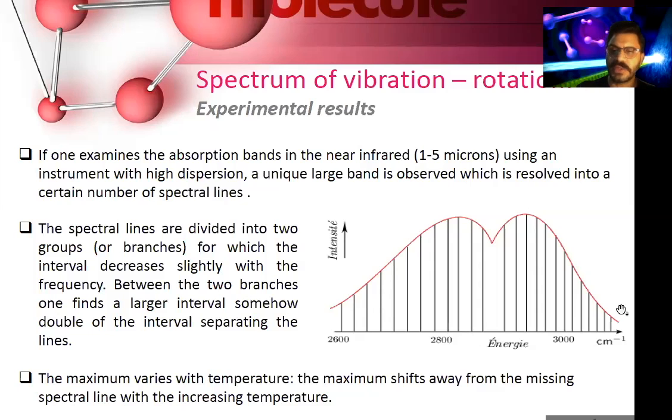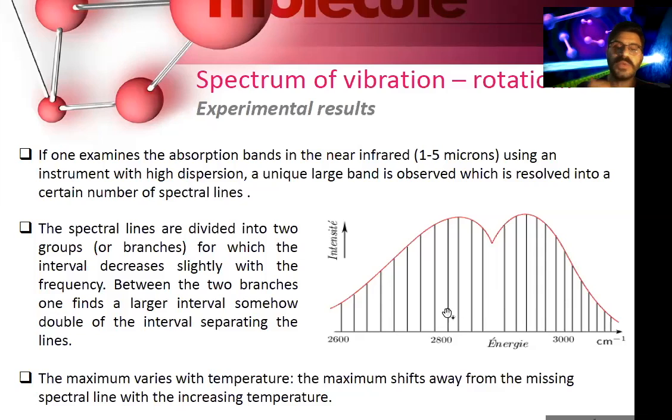Obviously, we won't see the envelope; we will see just the spectral lines, but they will look as if there is a band. And this band is characterized by one specific thing: there is a relatively large gap in between two sets of lines, on the right and on the left.